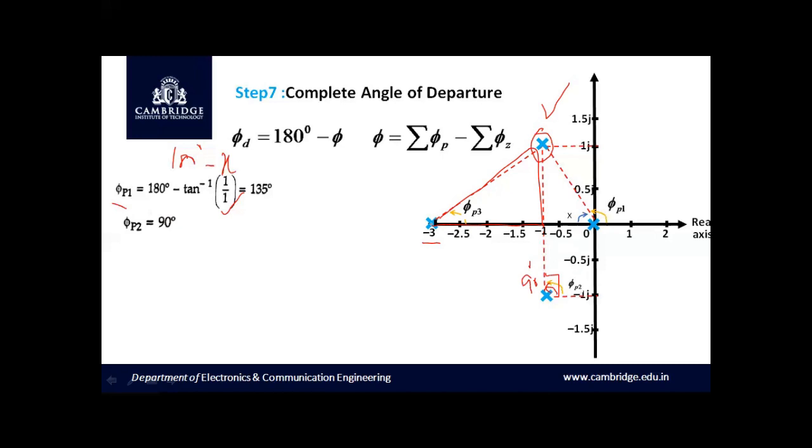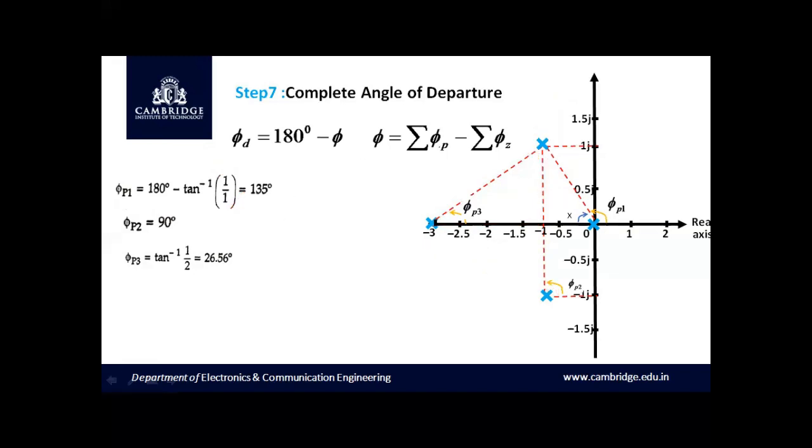We have the projection on the imaginary axis, that is the opposite side, as 1 and the adjacent side 3 minus 1, that is 2. Therefore, phi p3 is tan inverse of 1 divided by 2, which will be equal to 26.56 degree.